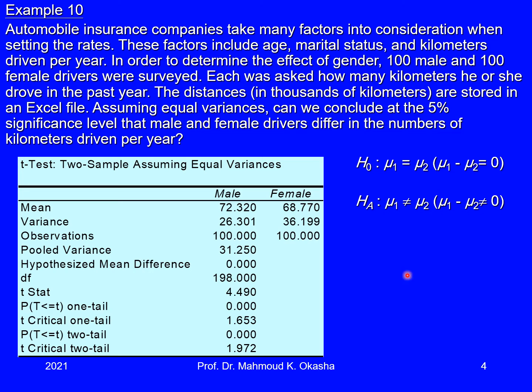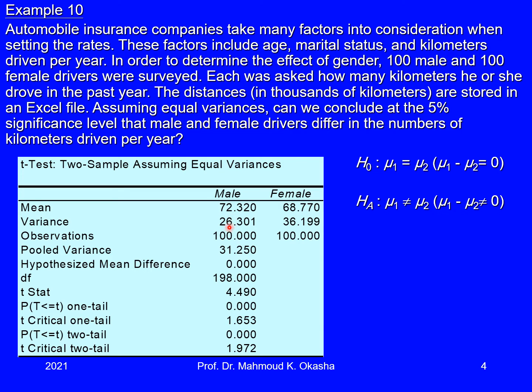That's all. So we have all the Excel results here. We are not interested in the details, the mathematics of the sampling distributions and different versions and assumptions. We have all these results. The result says we have means for male and female.